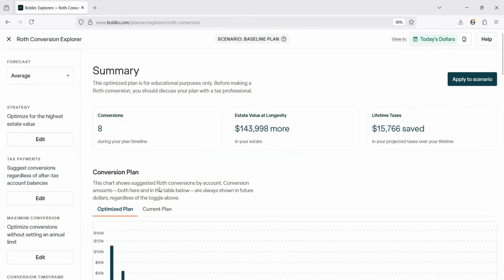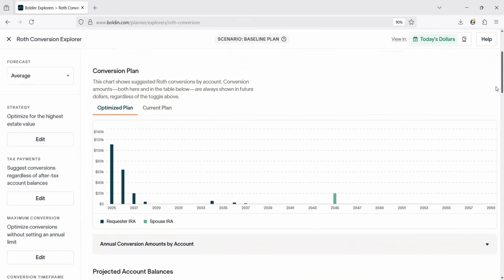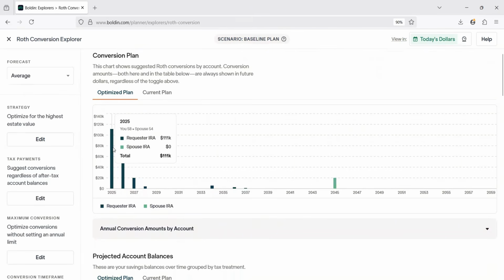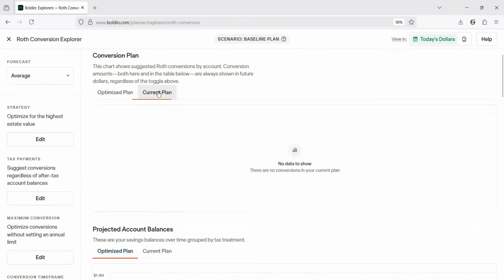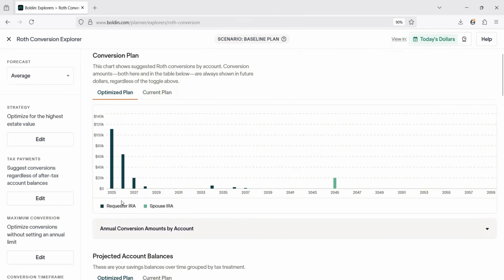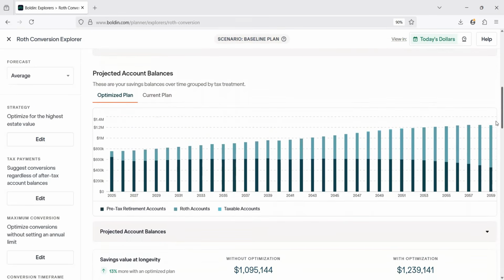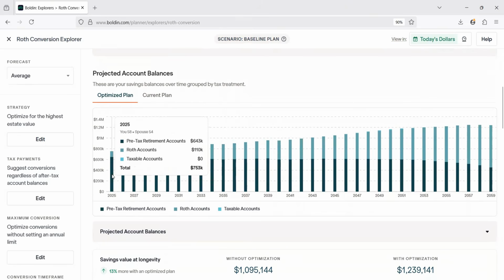Okay, here's our optimized plan. Wow, we are converting a lot. Okay, all right. And the current plan, we don't have any conversions. Okay, so let's look at our projected account balances. All right, so you can see you've got your 750.